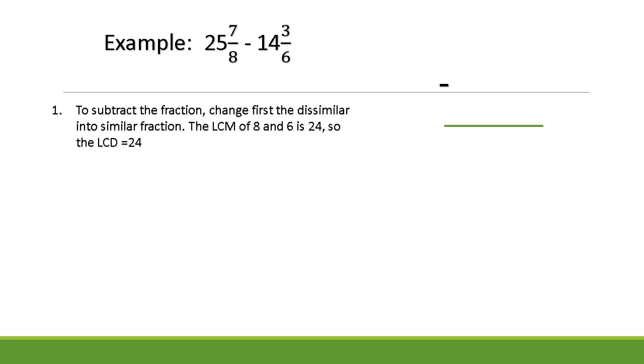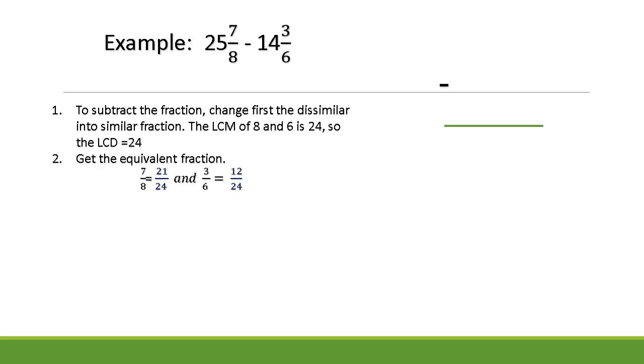To subtract the fractions, change first the dissimilar into similar fractions. You have 7/8 and 3/6. They have different denominators, so they are dissimilar. Now let us change them into similar fractions. The LCM of 8 and 6 is 24. So the LCD is 24.